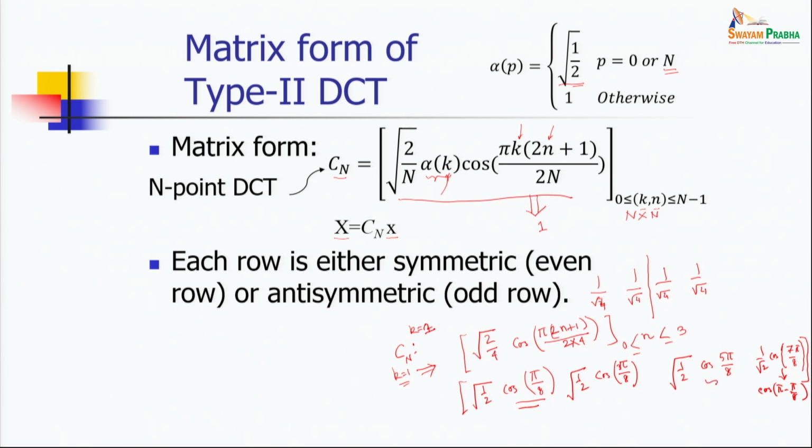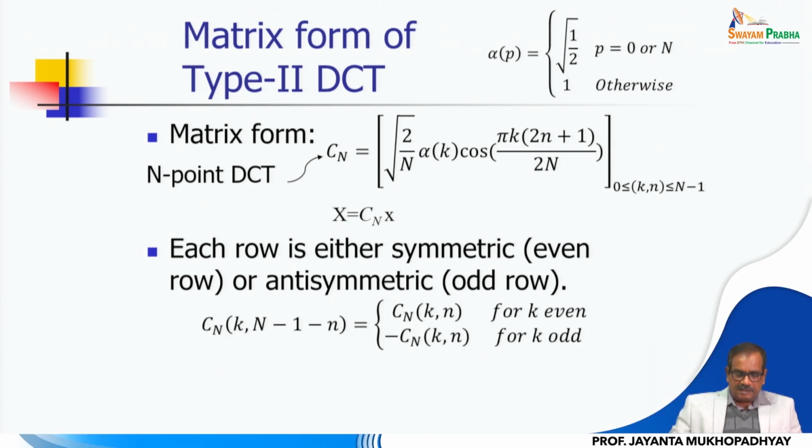Similarly, cos of 5 pi by 8 is once again cos of pi minus 3 pi by 8, which is also negation of this. So, these elements are negative. So, it becomes antisymmetric. This is an odd row, and it goes like this. That is what is written here.